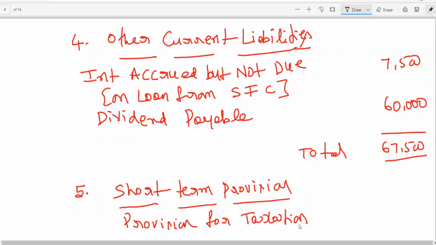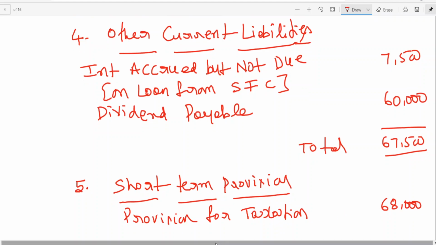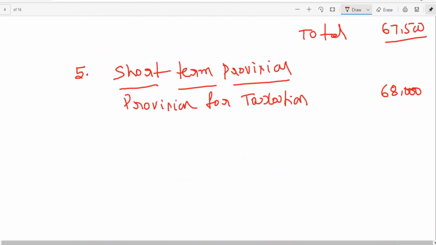What is provision for taxation? 68,000. Provision for taxation 68,000. I think these are the things we have covered on the liability side.